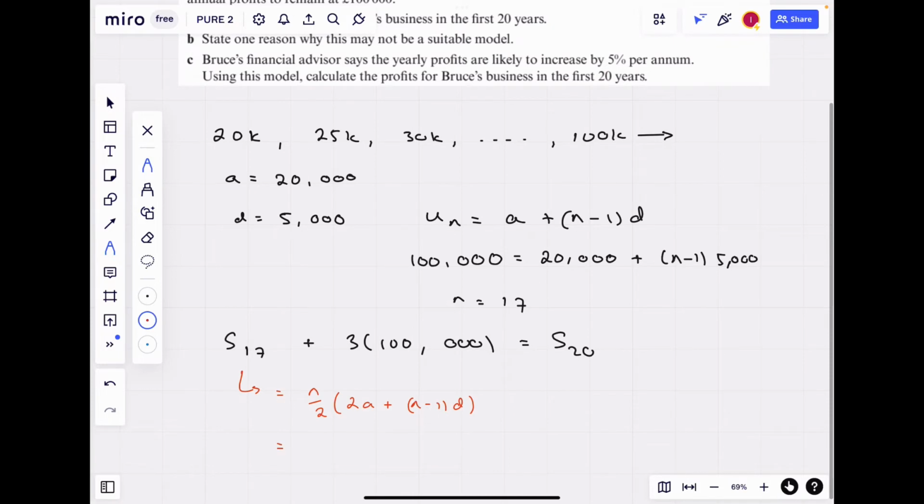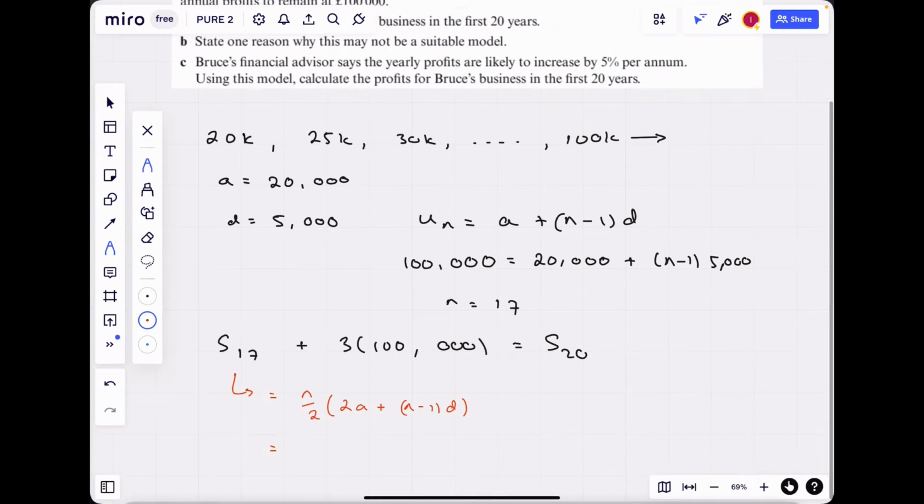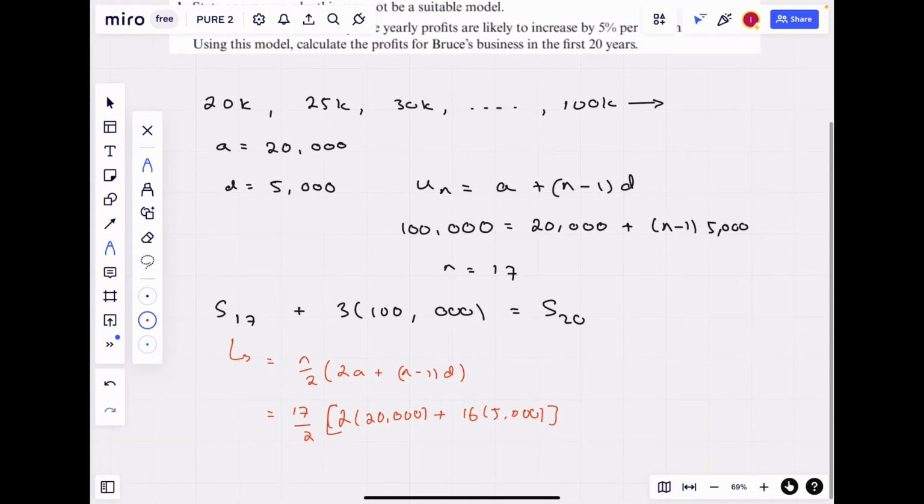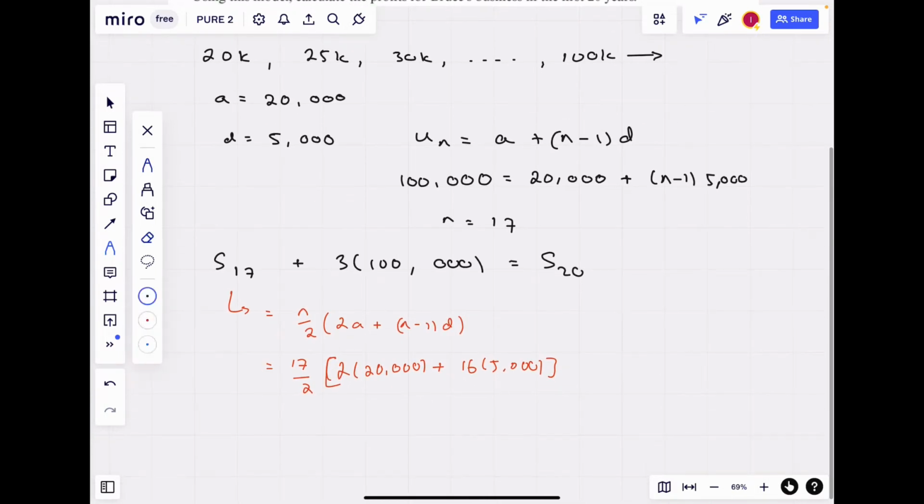So we end up with, plug it in, 17 over 2 times 2 times 20,000 plus n minus 1, 16, and then d, 5,000. Let's make those square. So S17 is equal to 1,020,000.